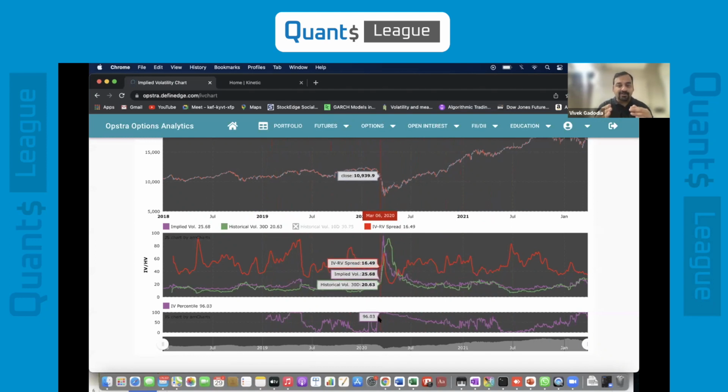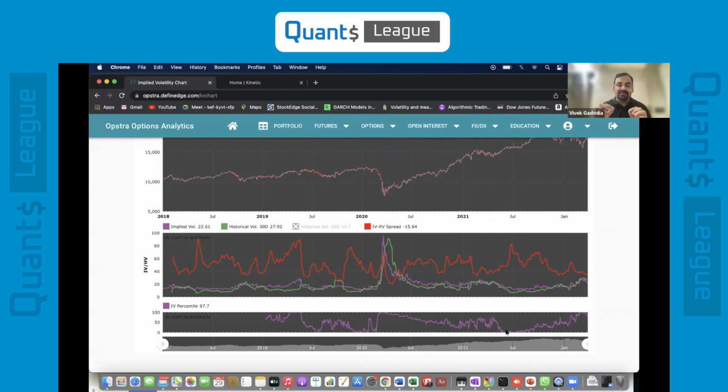So what we are doing now is that 100 IVP means that the IV currently is the highest in the last whatever period we are checking this for, let's say 250 days. Okay. IVP of 0 basically means the IV is lowest in the last 250 days. Right?